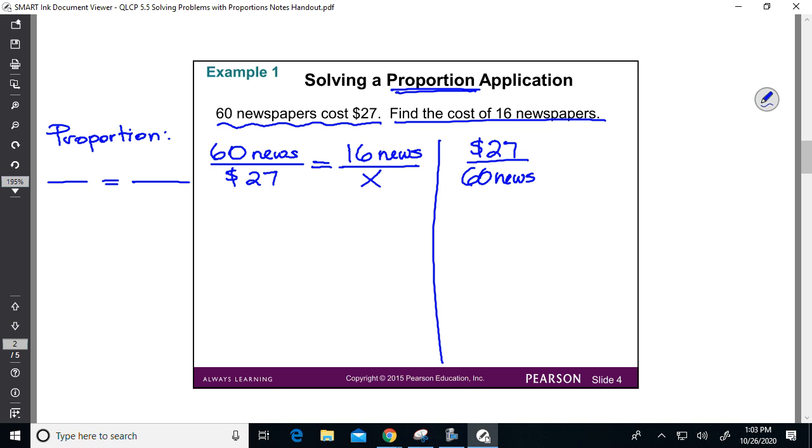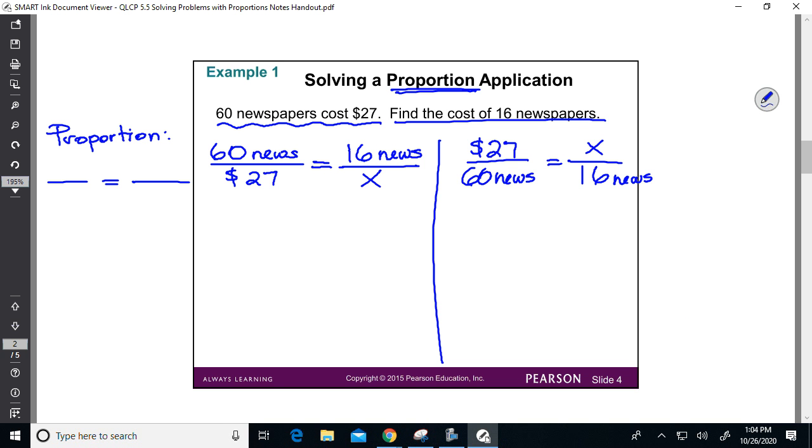Other way you could have set it up, if you put the money at the top, then that means the X would be at the top. So the key here is you must be consistent. How you set up the first fraction, that's your business. But that means the second fraction has to be set up the same way.